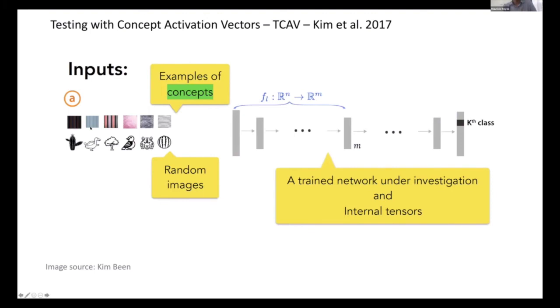Okay, so let's now see how it works. First, one is required to have a set of concept examples. So here you see for the zebra, I have different examples here, plus random images. So random images can be something that's not related to the concept. I'm going to then take a model that I want to interpret, and I'm going to split the model in two parts.